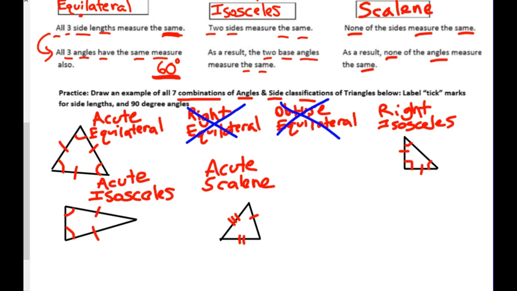Okay, what about right scalene? Again, we're going to draw a right angle, but these two side lengths are going to be different lengths. So here's my right angle, and each of these is different lengths. Right scalene.